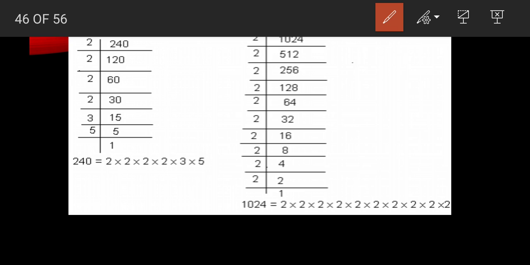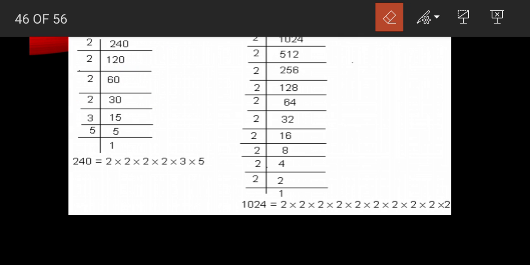we have to find the prime factors of 240 and 1024. In this way I have prime factorized it. First take a prime number which is divisible, that is 2 multiplied by 120 is equal to 240. Again I have taken 2, 2 times 60 is 120, 2 times 30 is 60, then 2 times 15 is 30, then 3 times 5 is 15, then 5 times 1 is 5.